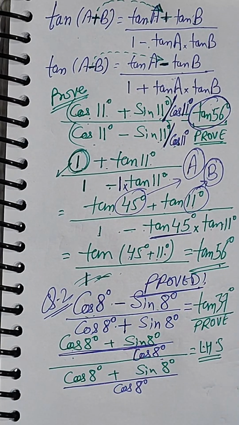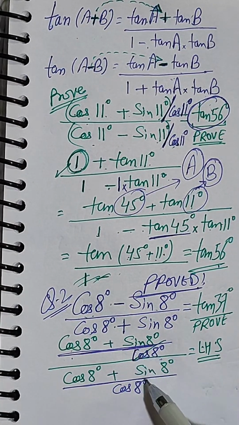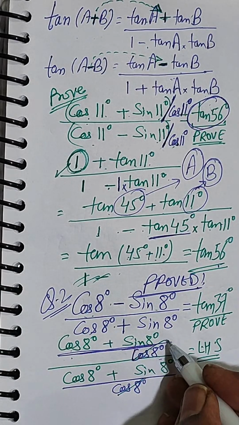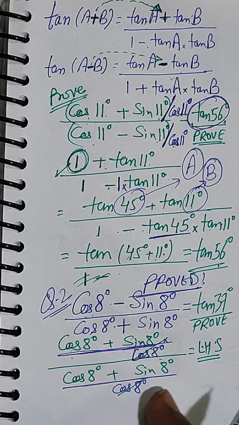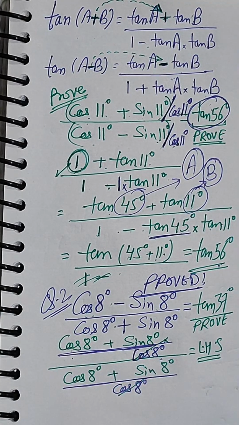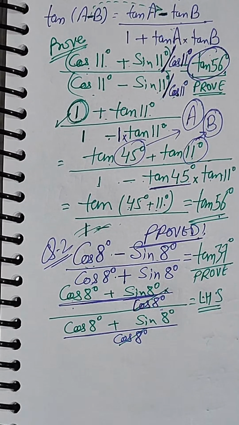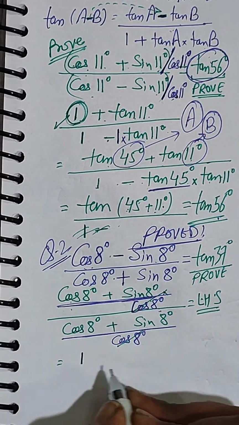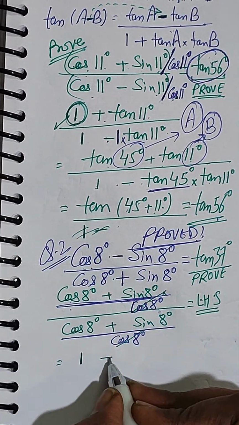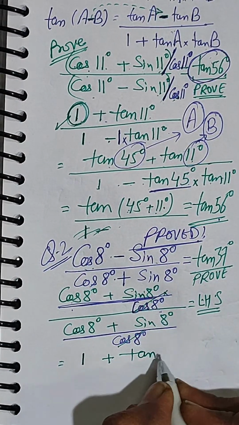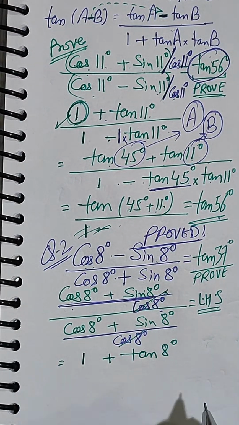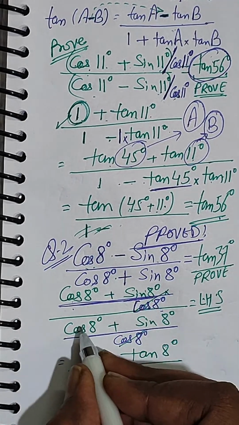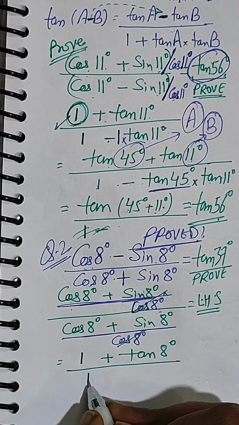So cos 8 and cos 8 can be cancelled, but what we'll do is simply divide. When you divide, you will get cos 8 by cos 8 as equal to 1 and sin 8 by cos 8 as equal to tan 8 degree, right? And in the denominator, we have cos 8 by cos 8, which is nothing but 1.